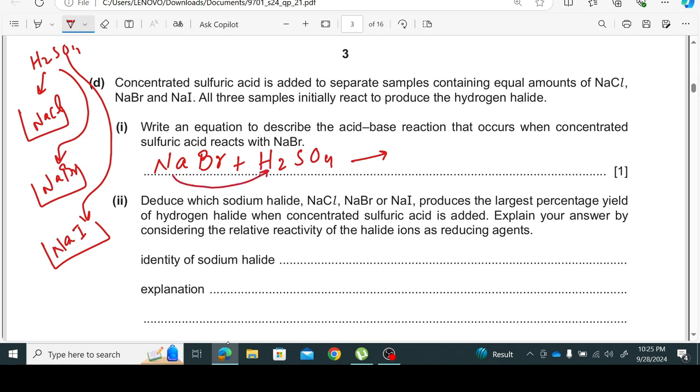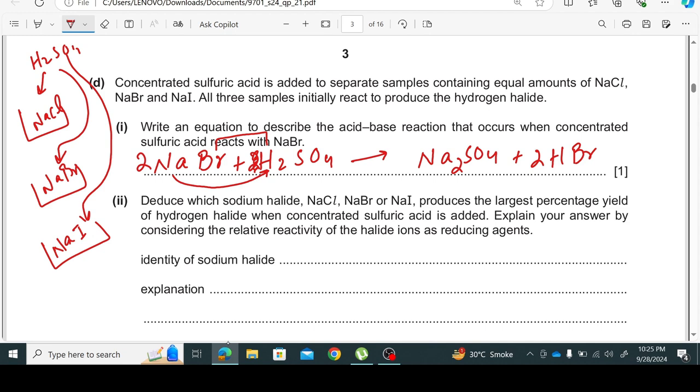Then you will get sodium sulfate, Na2SO4, and the hydrogen will combine with the Br and you will get hydrogen bromide. You just need to balance the equation. Because of Na2SO4, you need to put 2 here. Sorry, my bad, you will put 2 here. So it is 2NaBr plus H2SO4, and it is an acid-base reaction.